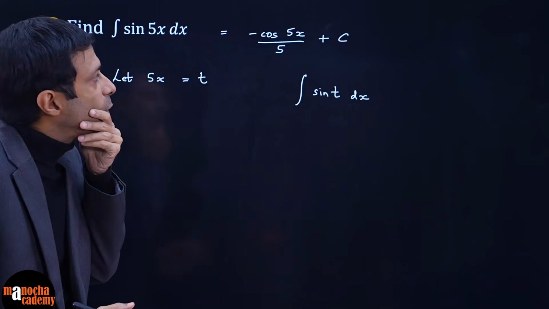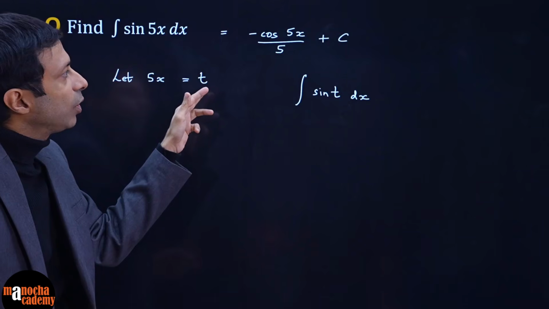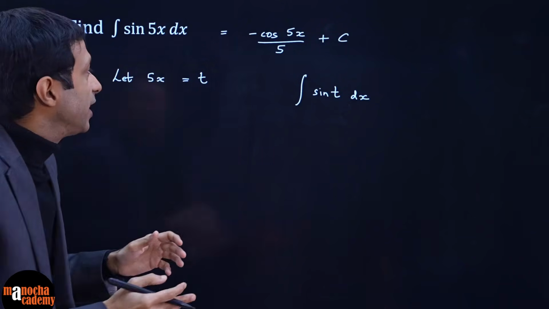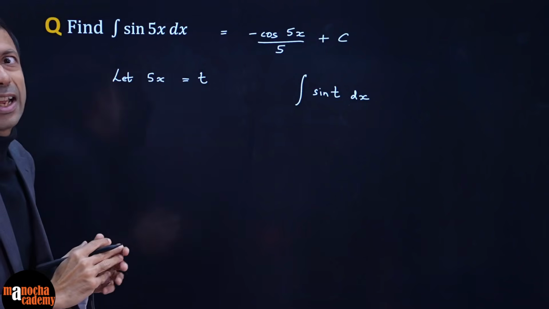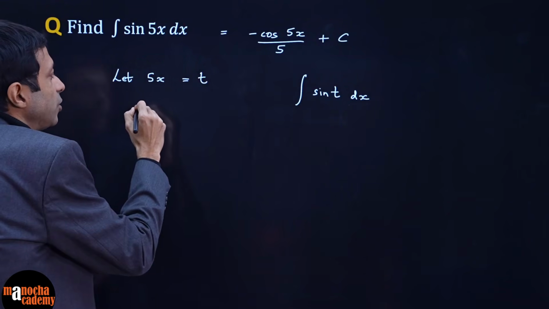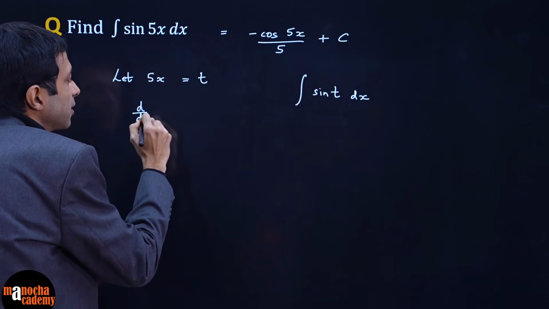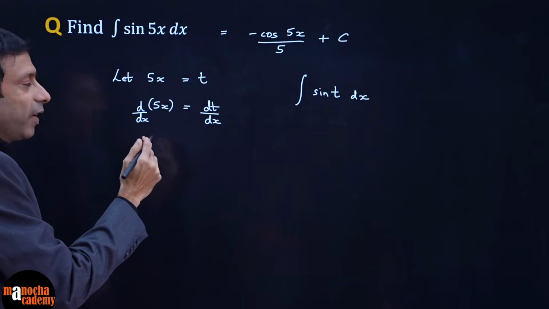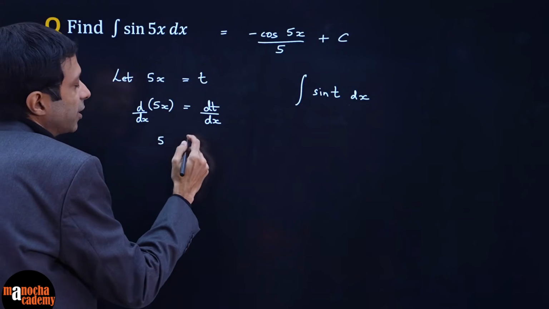But how do I do it? I know 5x is equal to t, but what is dx? To get dx, you can differentiate this with respect to x. So d/dx of 5x equals dt/dx. What is d/dx of 5x? 5 times d/dx of x, which is 1.